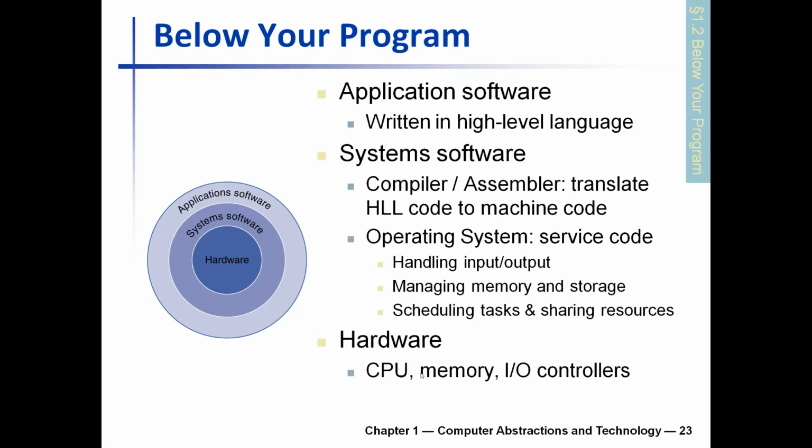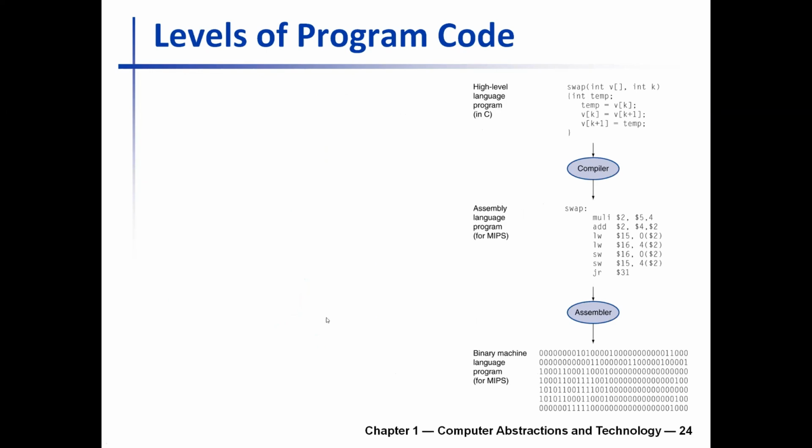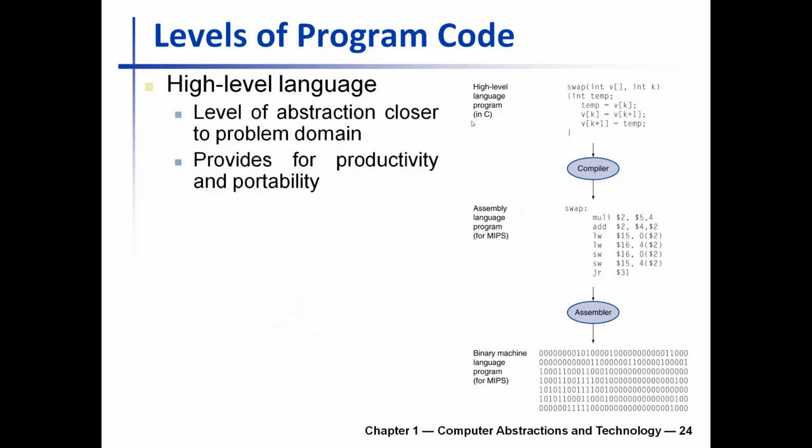Okay, so this is the system we are talking about, and this is the level that your program goes through in this system, right? So at the very high level, the high level languages that you have, we are taking C as an example here. At the highest level, the representation of your program is closer to the problem domain, right?